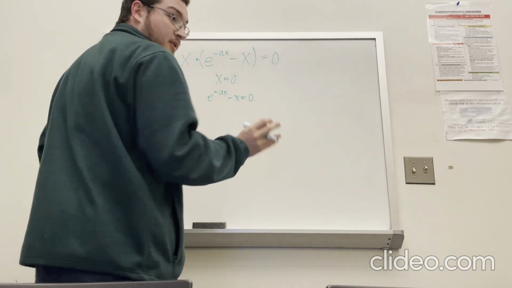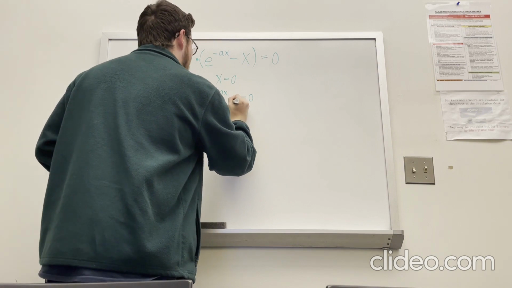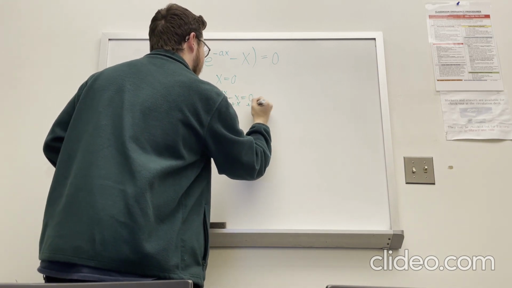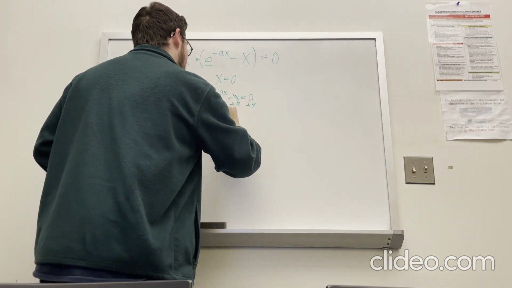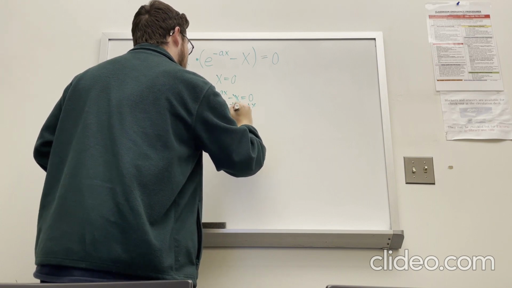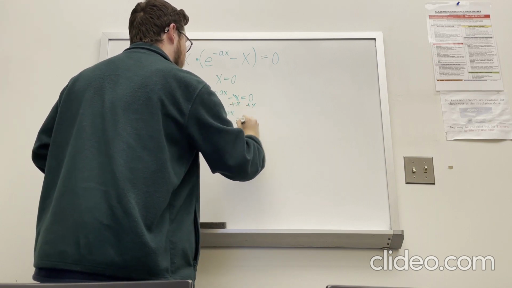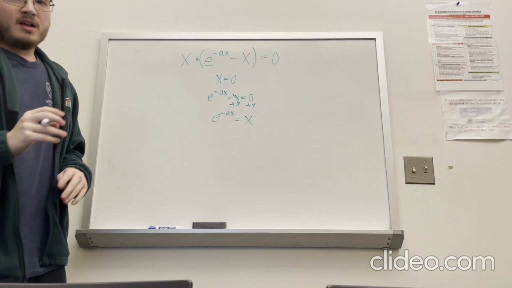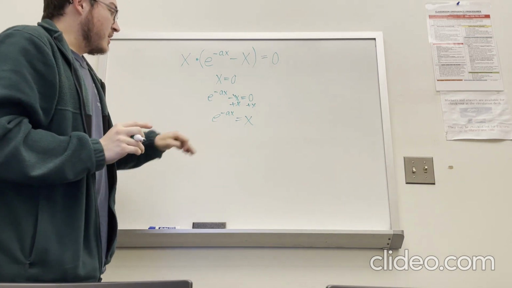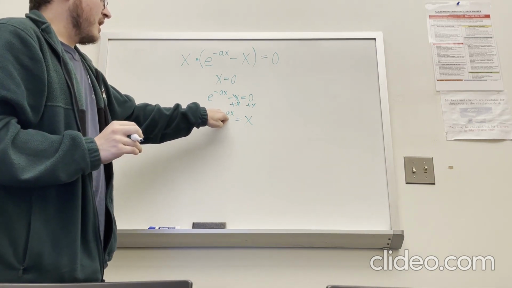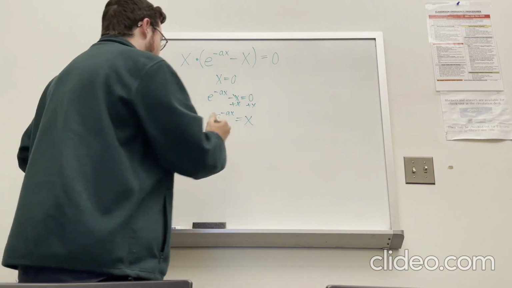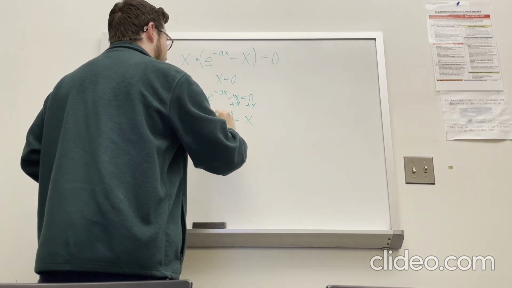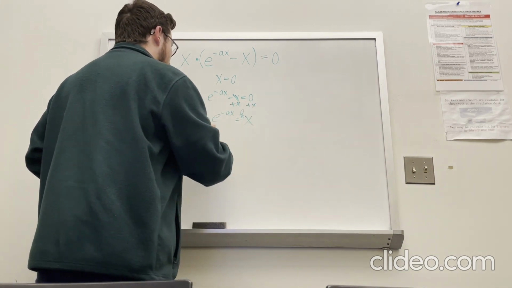In order to do that, the first step would be to add x to both sides of our equation. That way we get e^(-ax) equal to x. Once we have this, there's only one way to get rid of our e and to bring down our negative ax from the exponent, and that would be to take the natural log of both sides.